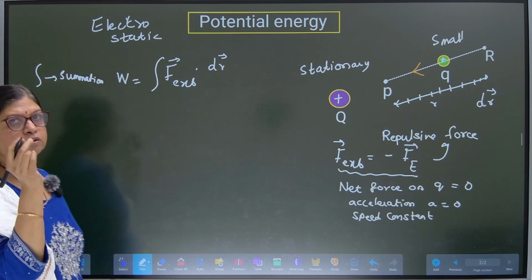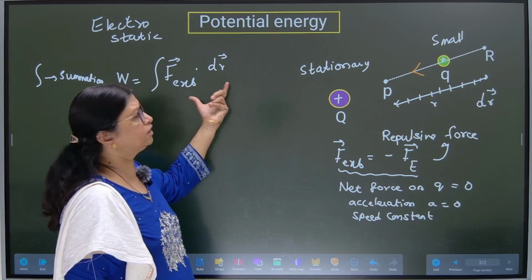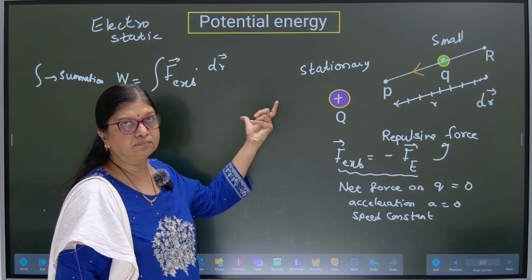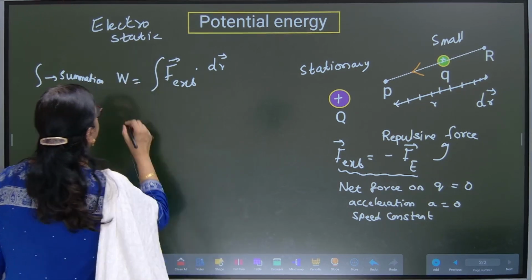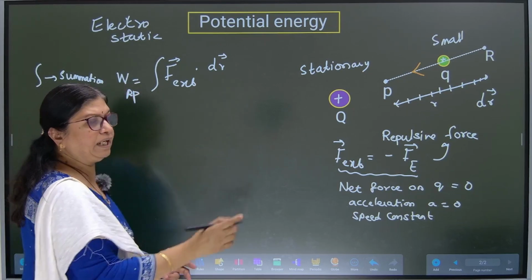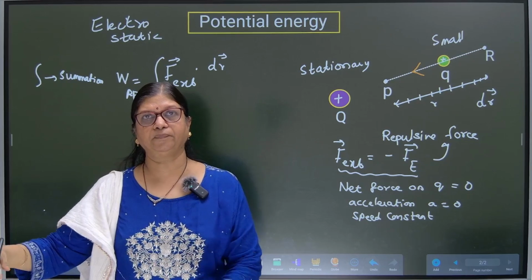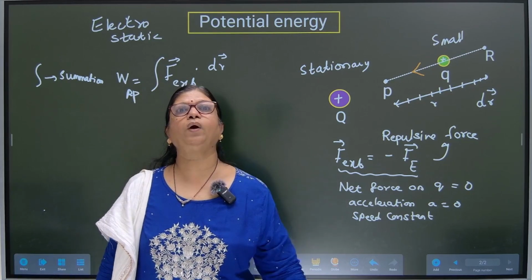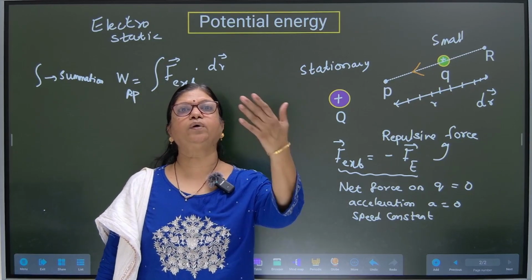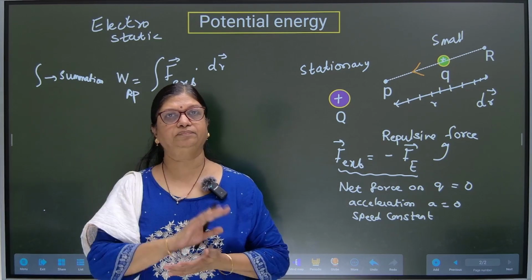of the small parts. So if this is the small work done in bringing the charge from R to P, then I have to add it. And how do I show I have added it? I will put an integration symbol.